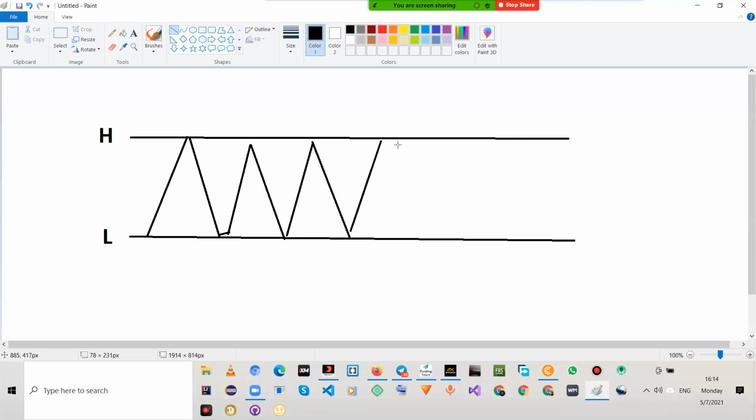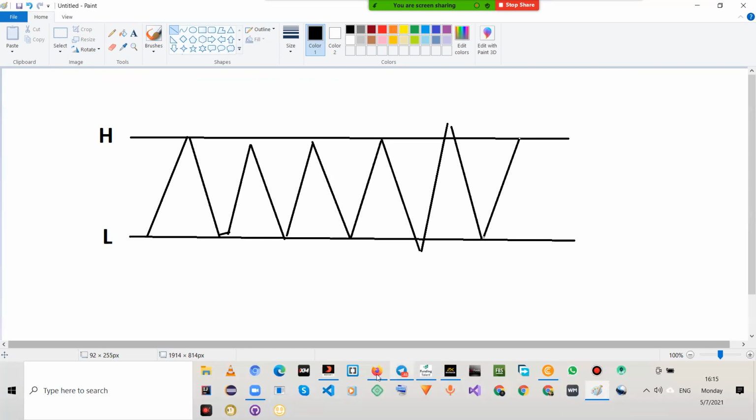Though sometimes you might get moves like this where it fakes out, but then immediately comes back harshly and maybe fakes out the other way, but then it comes back into the ranging area and continues ranging inside of here. So at times this is what you might get.